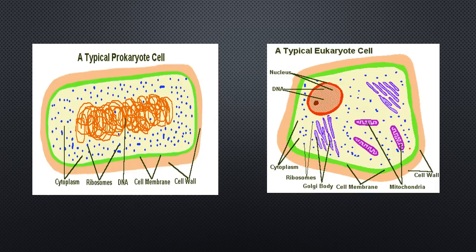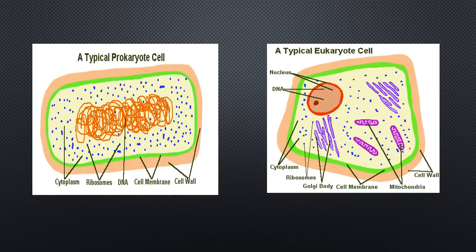So here's a diagram of prokaryote and eukaryote, and in the prokaryote you can see clearly all of the orange squiggly lines. That's the DNA just hanging out in the cytoplasm. In the eukaryote, you can see the DNA is inside of the nucleus, secured, and that in the eukaryotic cell there's all different types of organelles that make the cell function.